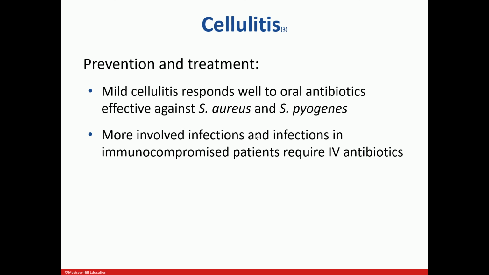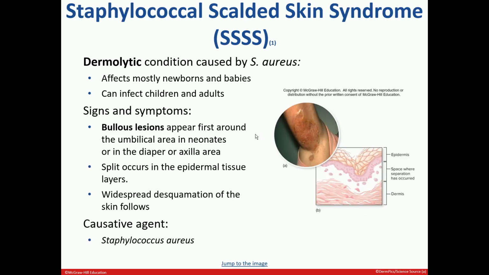Okay, the next disease we are going to talk about is Staphylococcal scalded skin syndrome. This is a dermolytic condition, which means there is a breaking of the skin in this situation. It's caused by Staphylococcus aureus.